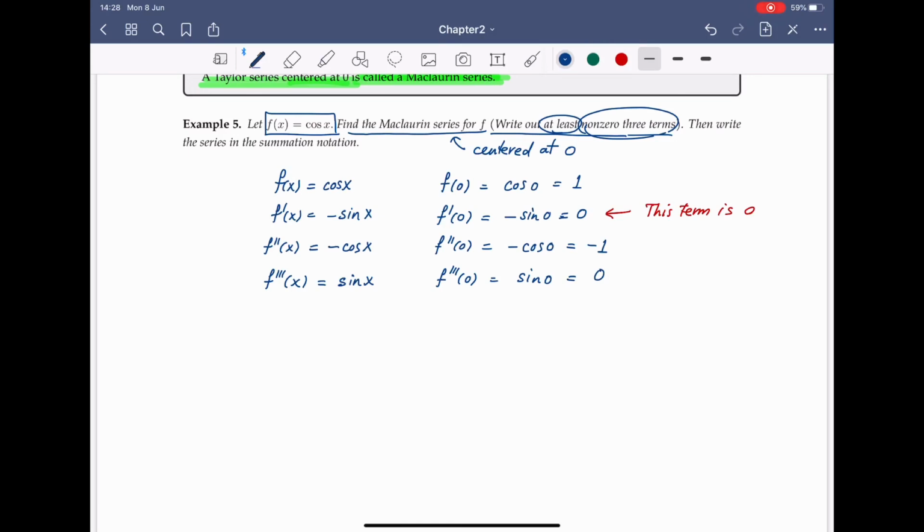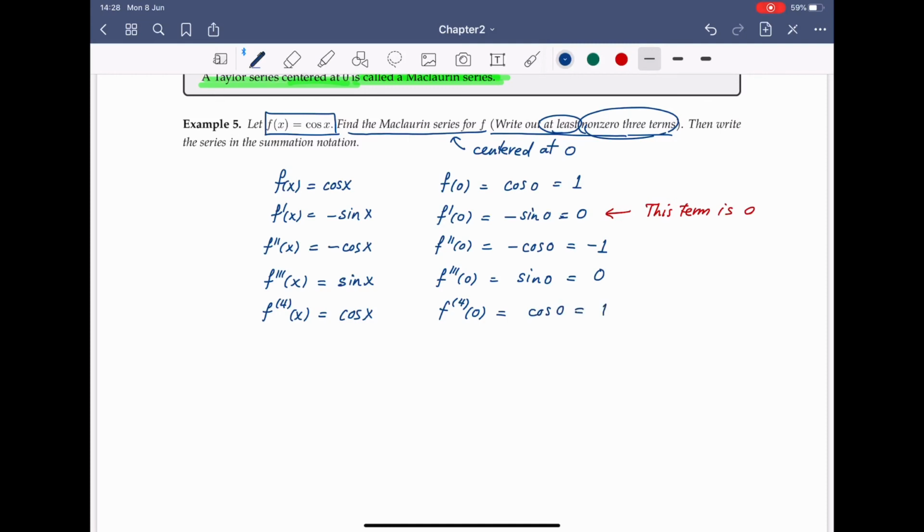This term is also going to be 0, so we need at least one more. The fourth derivative of f is cosine x, and bam, this is good, because at 0 we get cosine 0, which is 1.